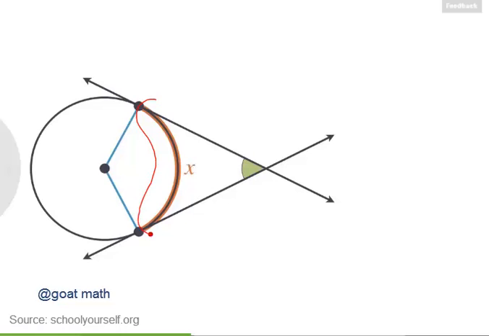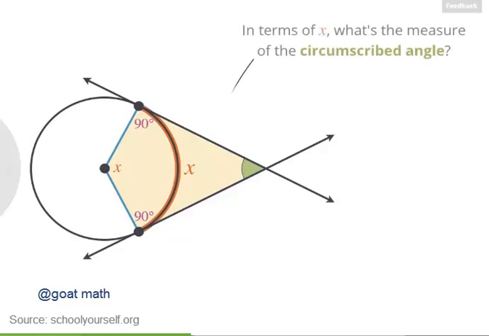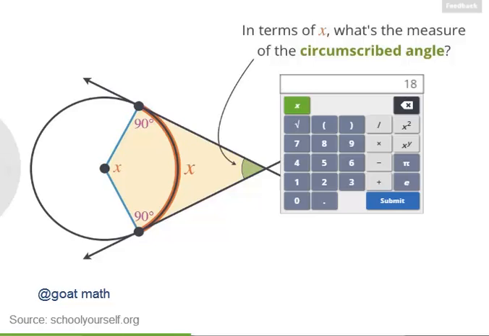Suppose we said this arc had measure x, which means its central angle also has measure x. Again, these two angles between the radii and tangents are right angles or 90 degrees. So again, using the fact that the angles in this quadrilateral add up to 360 degrees, what's the measure of the circumscribed angle in terms of x?